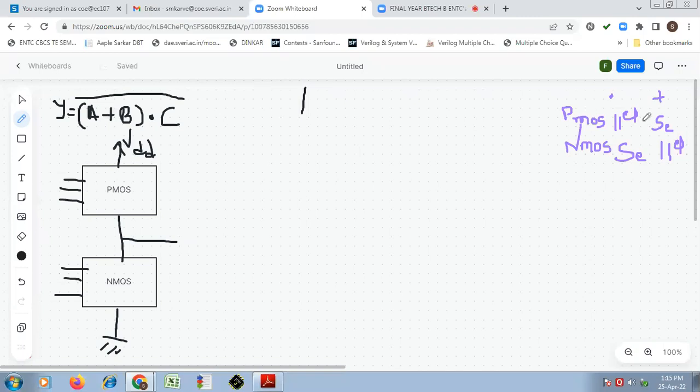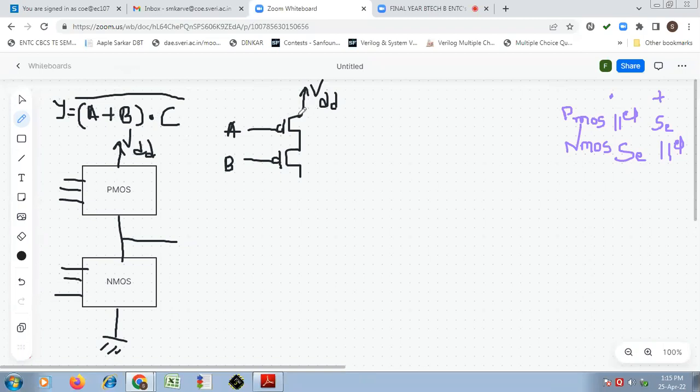So A plus B, that means we have to connect this in series. Okay, it is A, it is B, VDD. And this C is parallel with this.